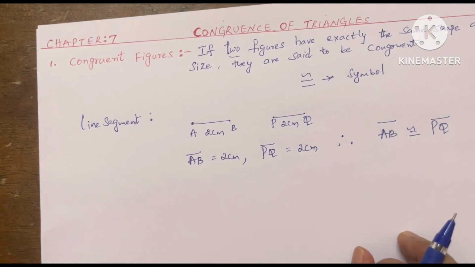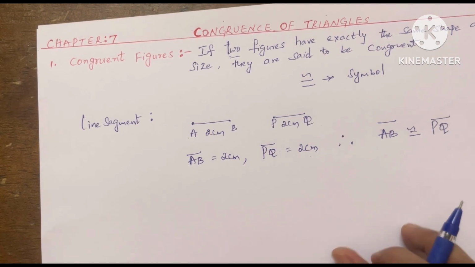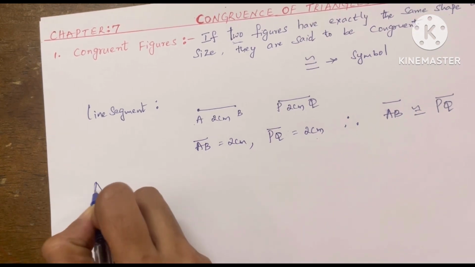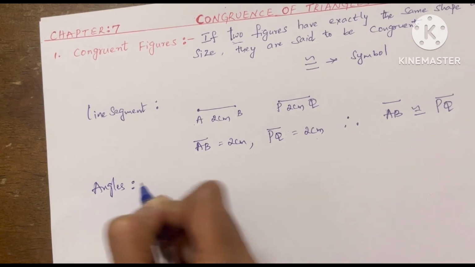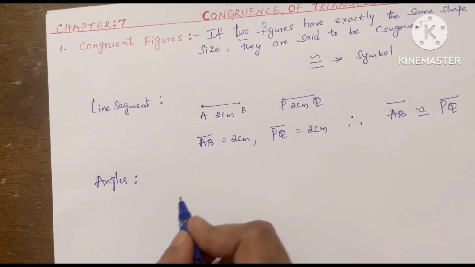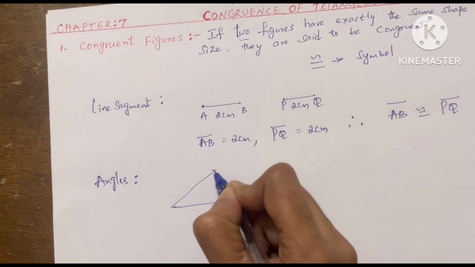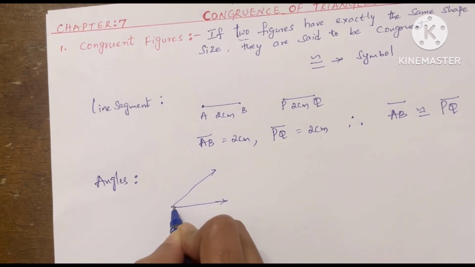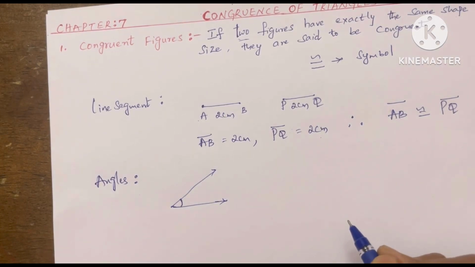Then when are two angles congruent? When they measure the same angle, we will say that these two angles are congruent figures. So the next one is angles. We know that angles have two arms making an angle.